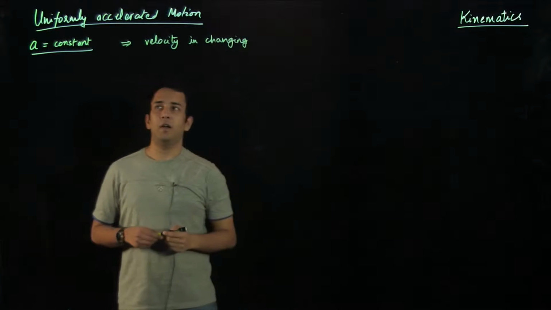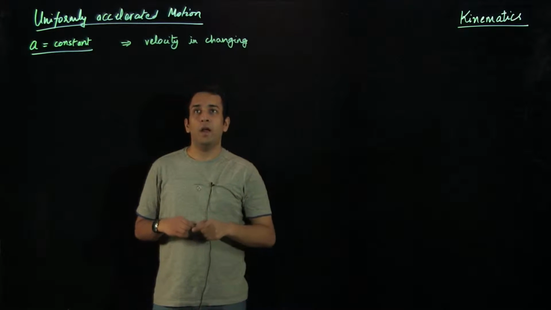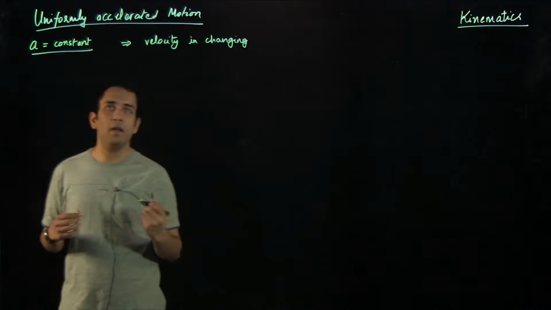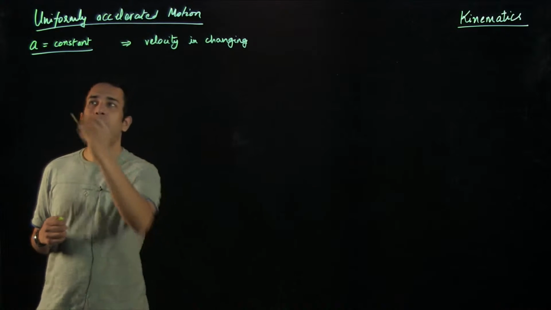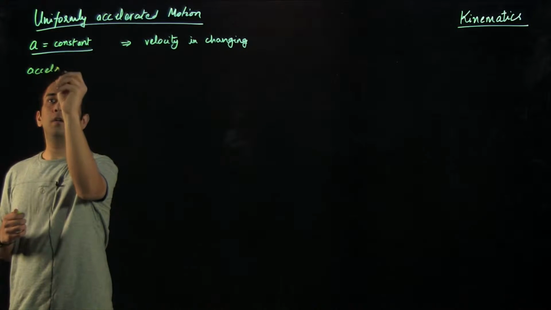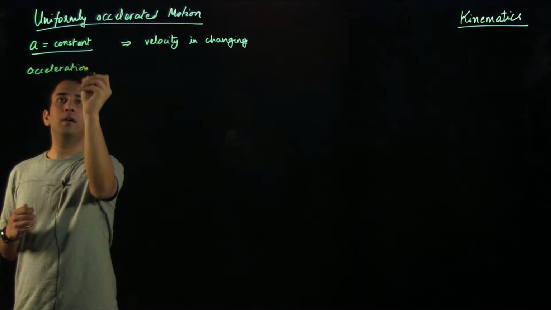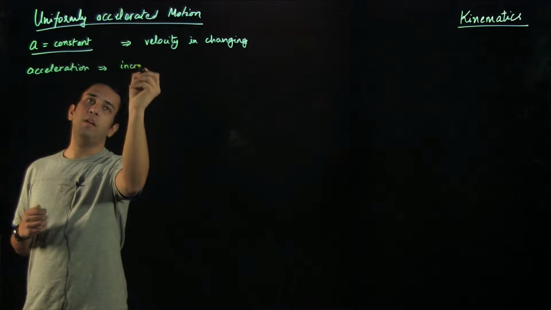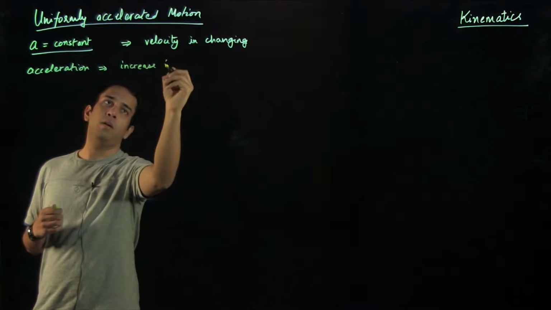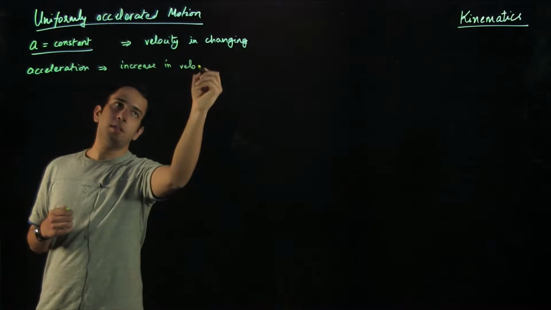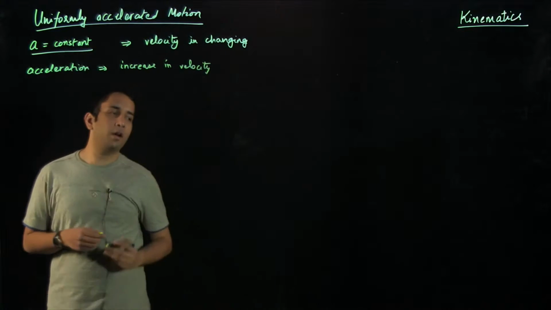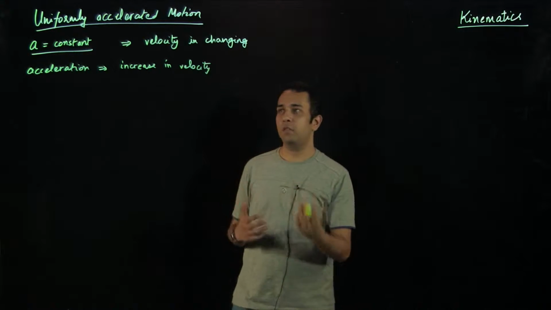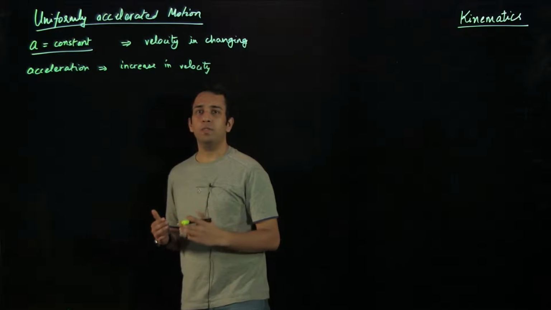Acceleration is a vector quantity and velocity is also a vector quantity. And whenever I am saying acceleration, in general terminology, acceleration is referred to as an increase in velocity. But because acceleration is a vector quantity, I cannot say that the magnitude of acceleration is such that the velocity is increasing, because it also depends on the direction.